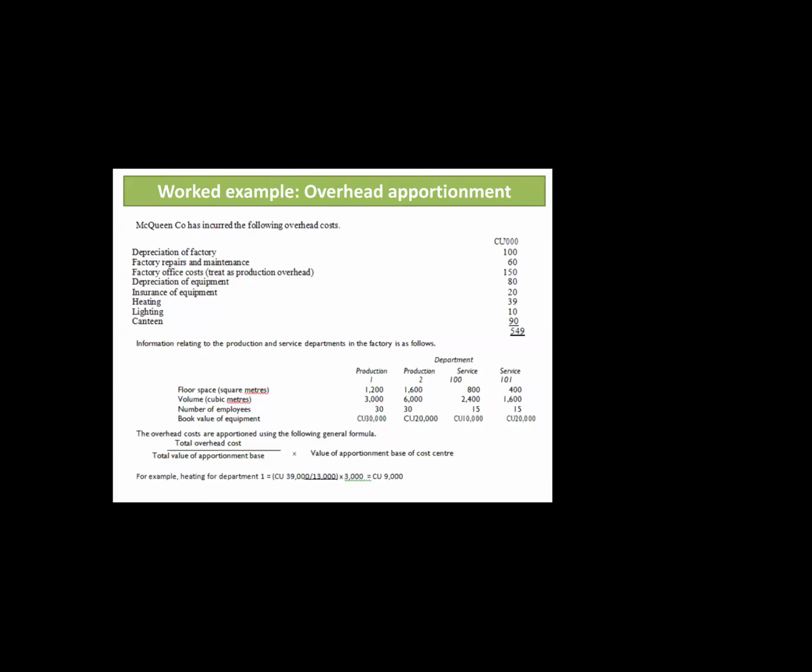Number of cubic meters of production 2 is 6,000, per unit is taka 3, so heating cost of production 2 is 18,000.